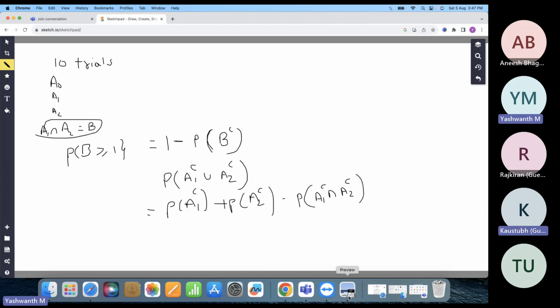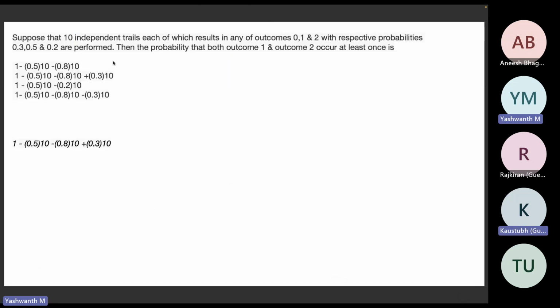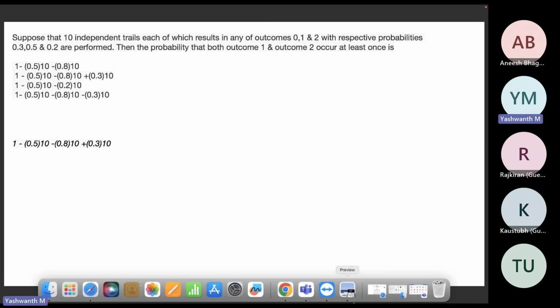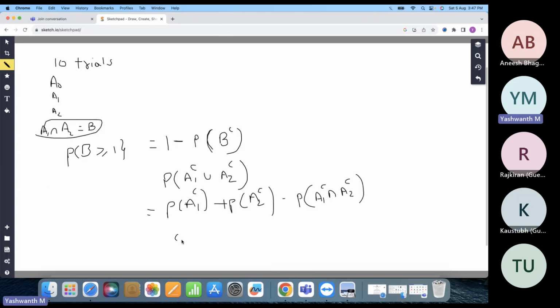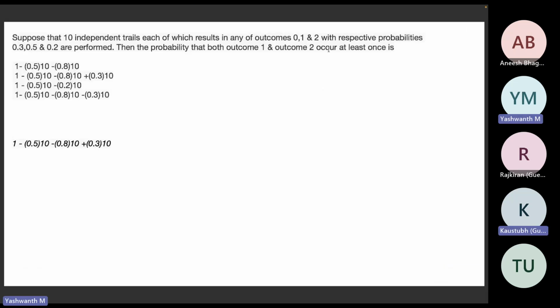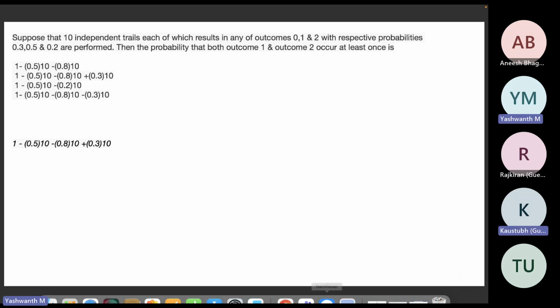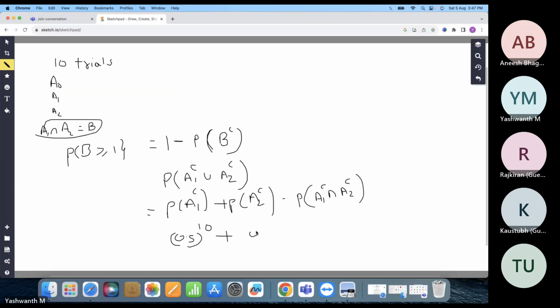What is this event A1? A1 is 0.5, right? A1 complement happens with 0.5. So 0.5 power 10 in 10 trials. Plus you have this A2 complement. See what is A2? A2 is 0.2, so 1 minus 0.2 is 0.8 power 10.